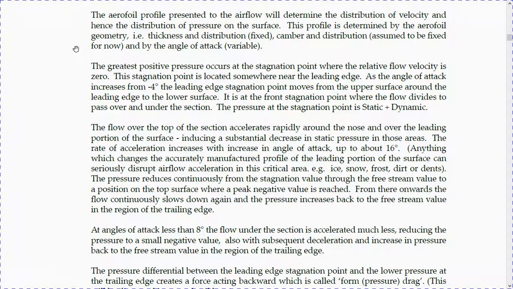So the greatest positive pressure occurs at the stagnation point on the leading edge, where the relative flow velocity is 0. The stagnation point is located somewhere near the leading edge. As the angle of attack increases from -4 degrees, the leading edge stagnation point moves from the upper surface around the leading edge to the lower surface.